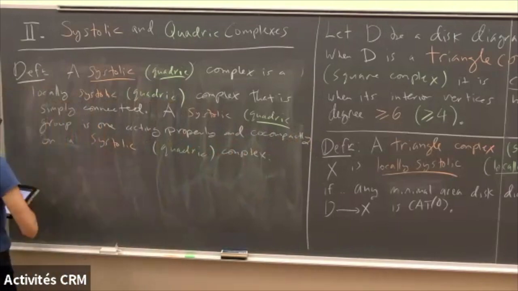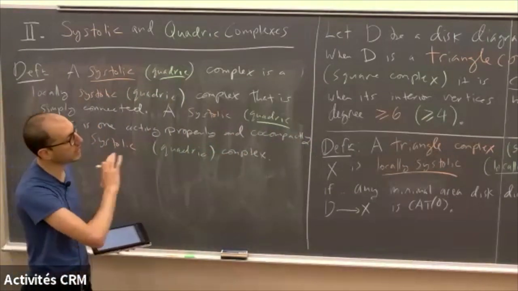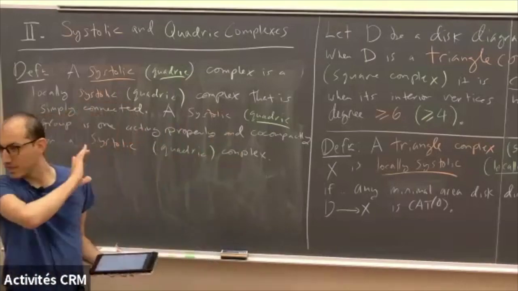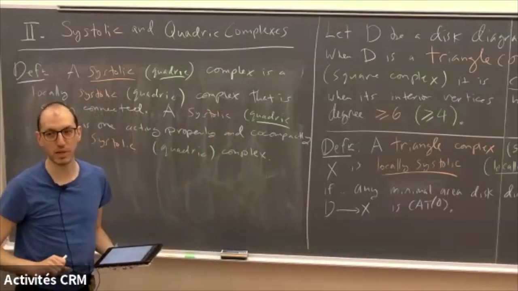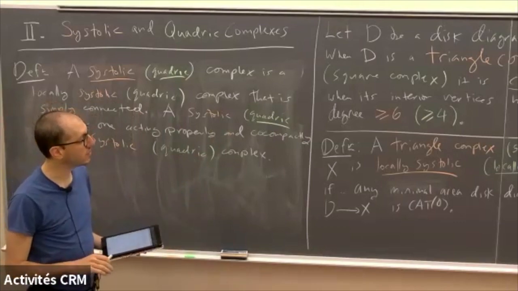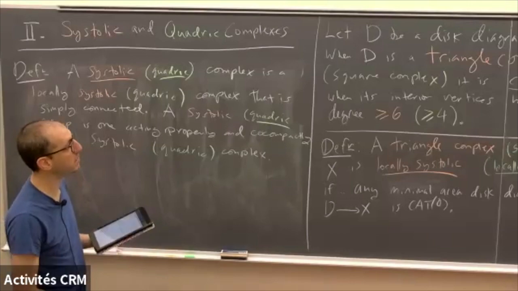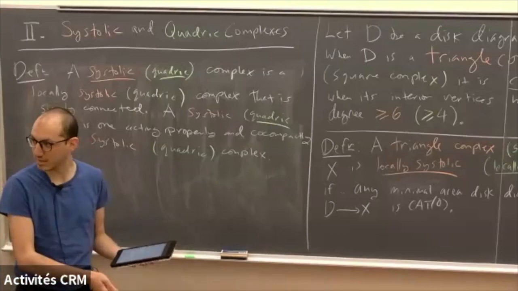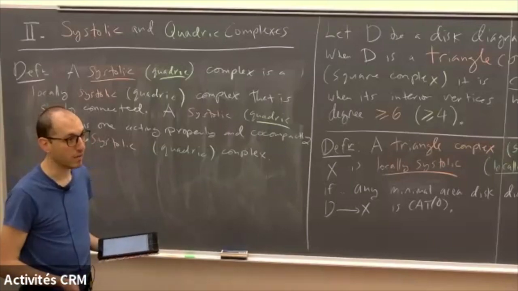So yeah, and we're going to see that these are really two sister families of complexes, even though they have their differences. They behave in much the same ways, and the techniques that can be used on them are very similar.